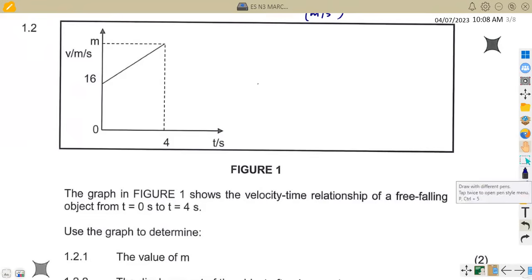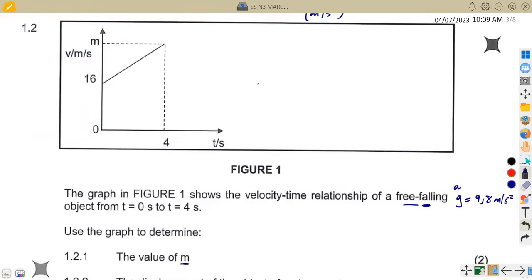So meaning to say we are going to apply our g, which is our gravitational acceleration of 9.8 meters per square second, in place of acceleration. That is what is going to happen in this case. It's a free falling object, all right? We are given that t is equal to 0 up to t is equal to 4. That is the time from t equals 0 up to t equals 4. Use the graph to determine the value of m.